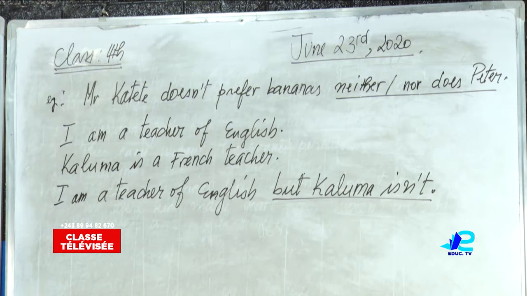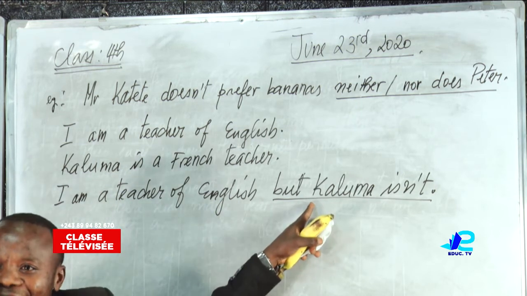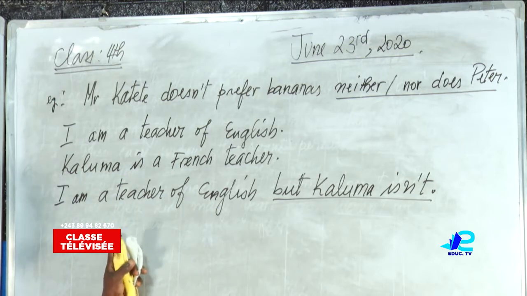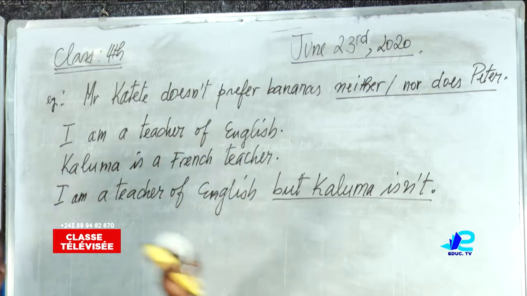Look carefully. I am a teacher of English. But Kaluma isn't. So it means Kaluma is not a teacher of English. Kaluma is a teacher of French or a French teacher. All right? Good. You can do it.